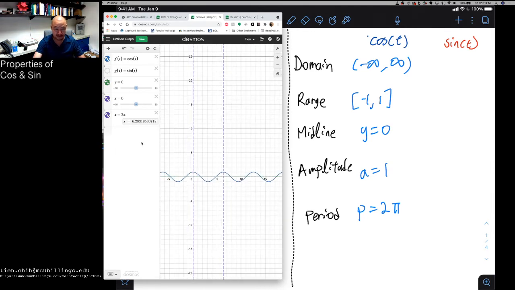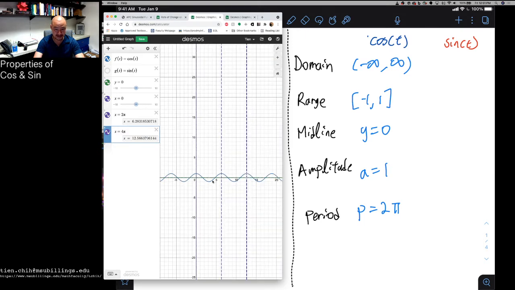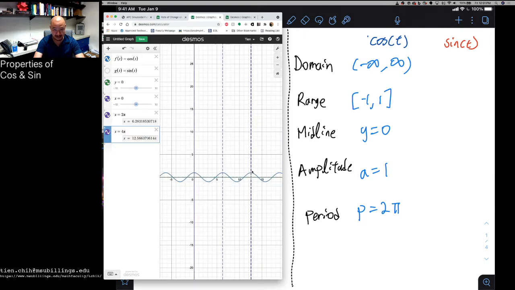And if I were to zoom out a bit and graph x equals 4 pi, then we can once again see that it's the same thing. It repeats itself and repeats itself, because when you go around the circle, 2 pi is once around, 4 pi is another way around, 6 pi will be another way around. And if I were to go negatively, negative 2 pi, negative 4 pi, negative 6 pi would be the same thing. All right, so that's it for cosine.